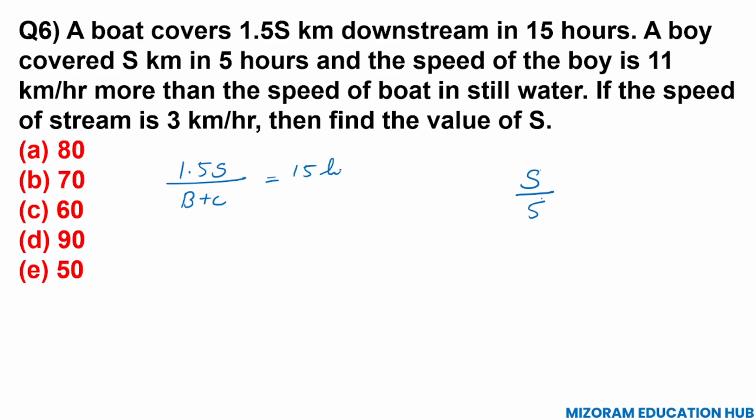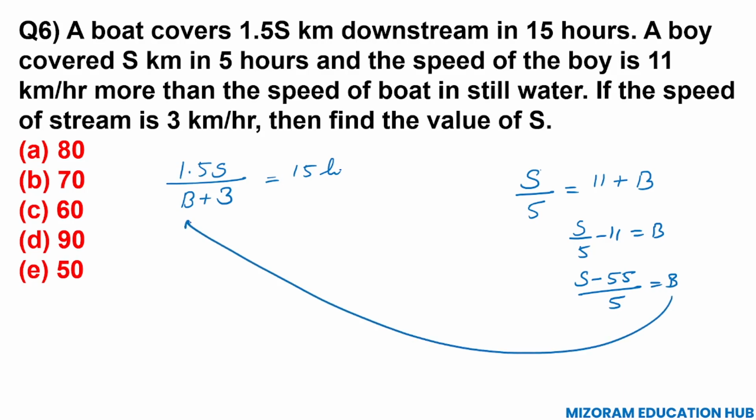And the speed of the boat is 11 more than the speed of the stream. Now we need to find the value of S. The value of the stream is given as 3. Subtracting, using the LCM to solve or cross multiply, we find the value of B.